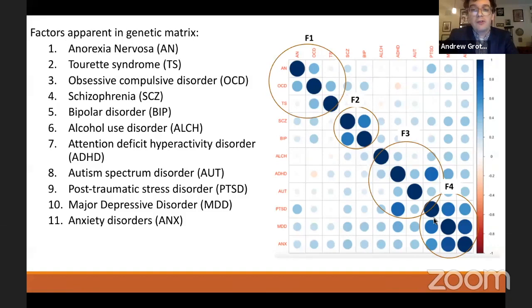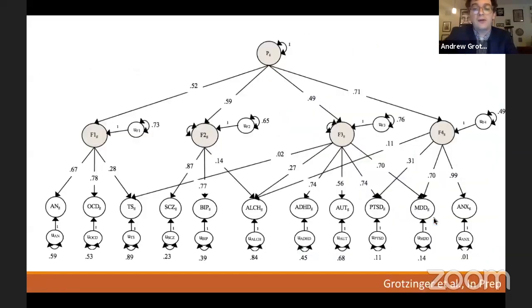In that factor model I just showed you, there were also some moderate factor correlations across the 4 factors, and that allowed us to also fit this hierarchical factor model where we have the second order P factor that indexes risk across all 11 disorders.